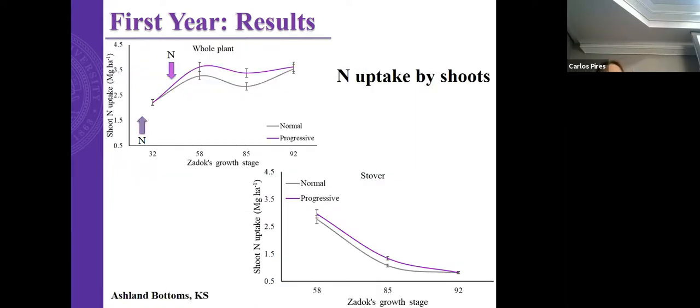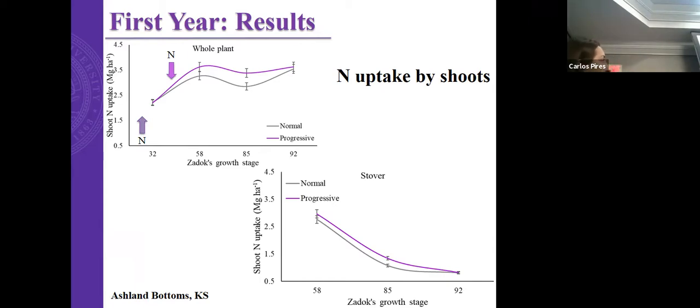So this is the plant nitrogen uptake during the season. Here in the top left graph, you can see the whole plant, so basically for all the stages that we are collecting the biomass.